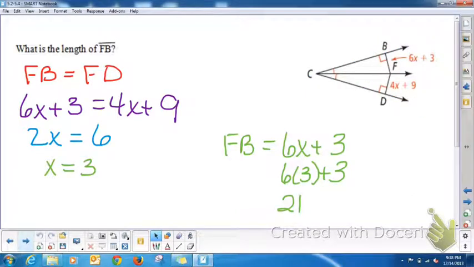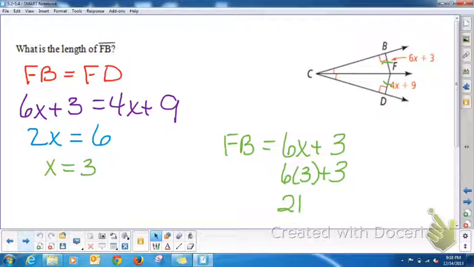So if F is on the angle bisector of angle BCD, then FB is perpendicular to ray CB and FD is perpendicular to ray CD, then these segments are congruent, and if they're congruent, they equal each other. So you would set the expressions equal to each other, collect all of your variables on one side and all of your numbers on the other.